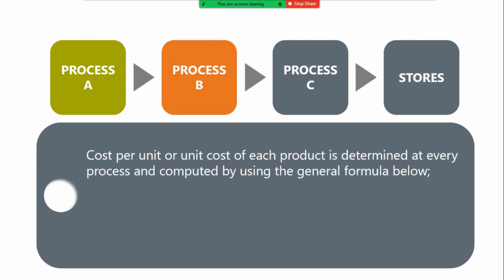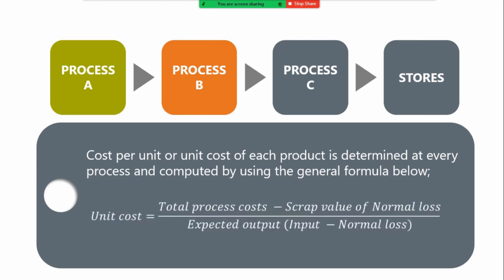And to determine the cost per unit, we use the general formula showing on your screens right now. So the unit cost is going to be computed as the total process cost minus the scrap value of normal loss, divided by the expected output. Now the expected output, of course, is going to be the input minus the normal loss.